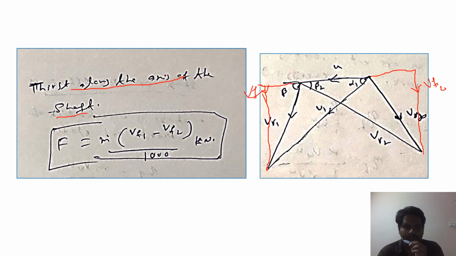So the thrust force F equals m dot into Vf1 minus Vf2 divided by 1000, that is in kilonewtons. Okay, from this equation we can find the thrust force along the axis of the shaft. So the shaft would be like this. On the shaft there will be blades.